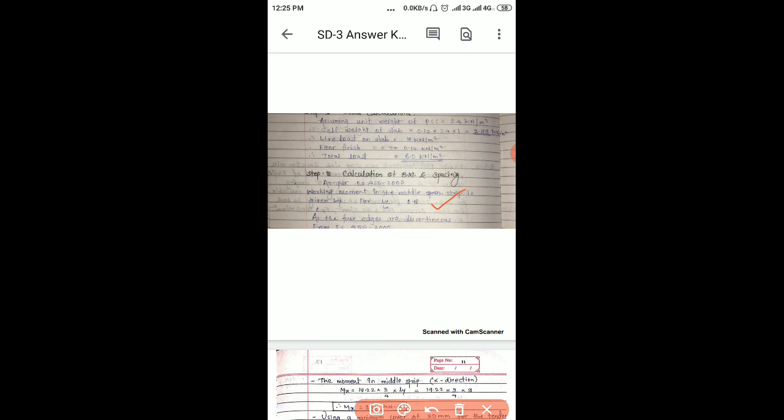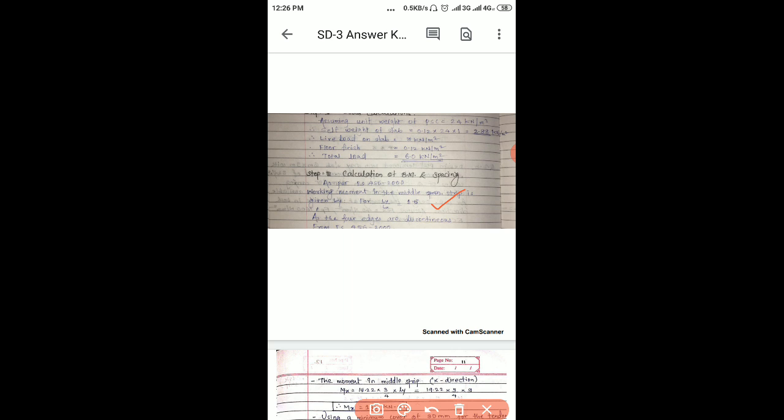Here we are going to consider a middle strip, and then we'll calculate for the middle strip and end strip likewise. So Ly by Lx ratio, where Ly is 9 and Lx is 6, is equal to 9 by 6, which is 1.5.